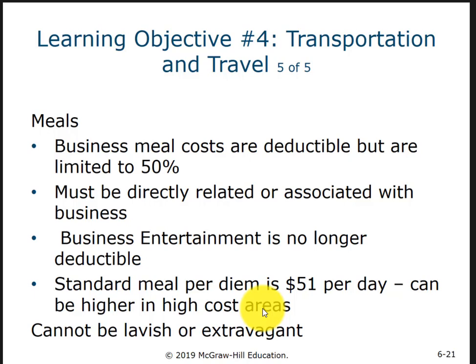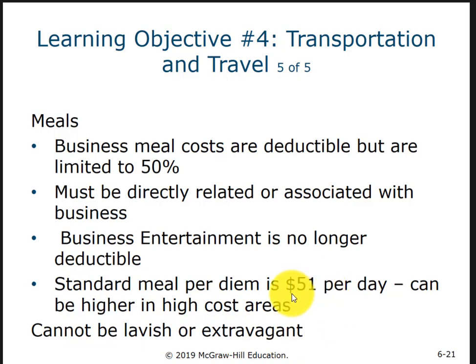And you can take the per diem again by just keeping track of how many days you're gone and why, for $51. And you can look up higher cost areas. If you look up GSA per diem rates, it'll give you the per diem for basically any big city in the United States and even around the world. You're not supposed to be lavish or extravagant.